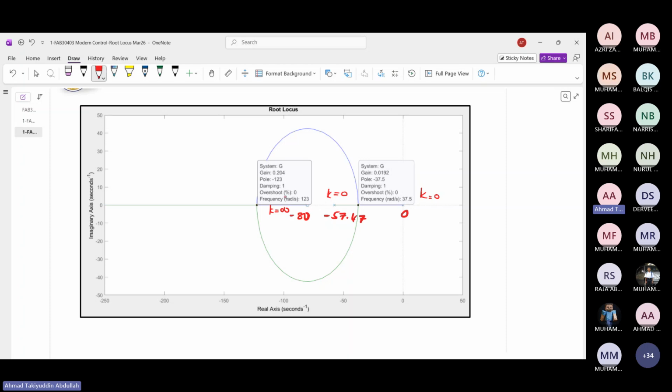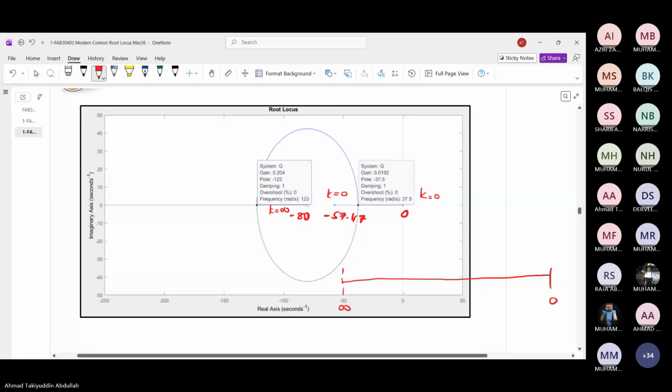Imagine that you have this straight line starting from 0 up to infinity. So infinity will end at this point. So this is going to be 0. This is what you need to imagine: why you have just a straight line to show the behavior at infinity.